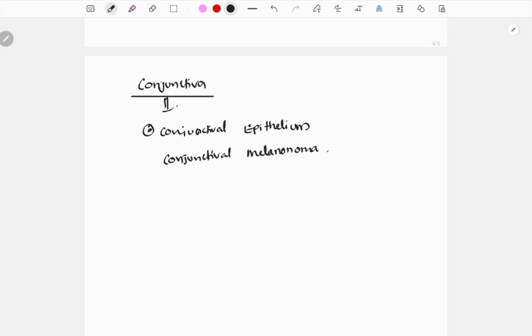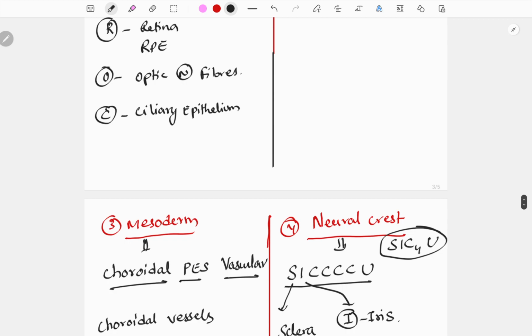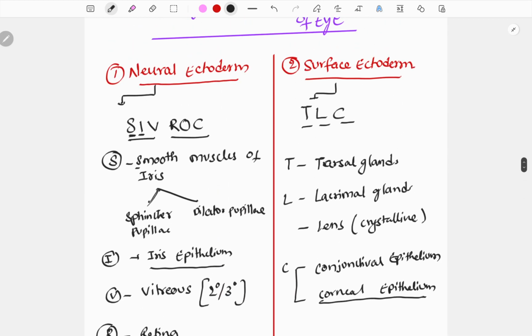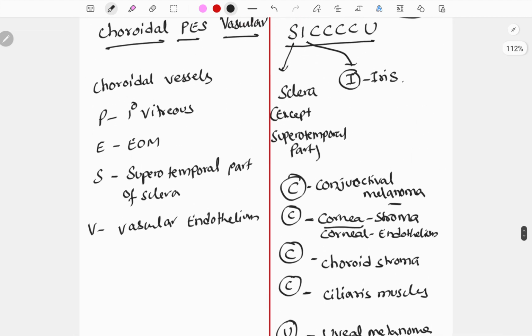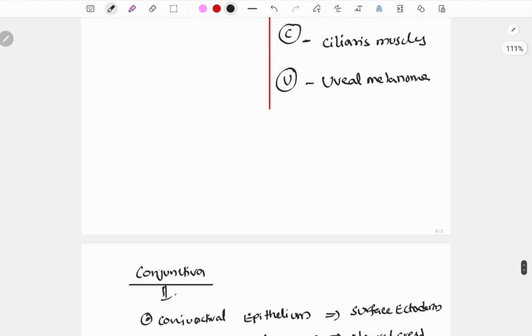Conjunctival epithelium is derived from where? It is derived from surface ectoderm. Conjunctival melanoma, the last one we discussed, is from neural crest. So conjunctival epithelium is by surface ectoderm, whereas conjunctival melanoma is by neural crest.